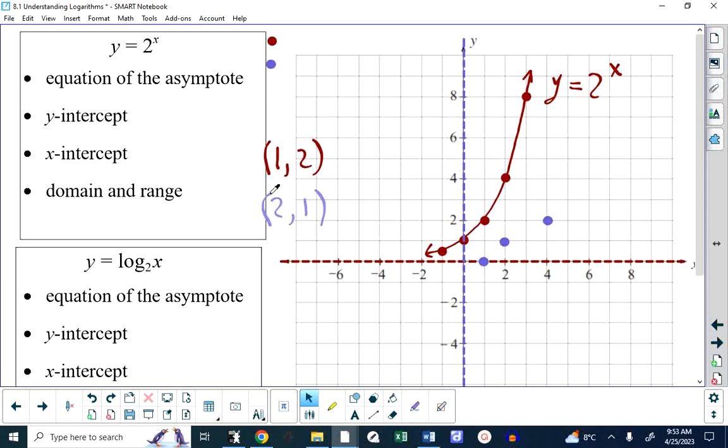And I think you can kind of see where this is going. It's doing the opposite of what it was doing. What was happening with the exponential is when x went up by 1, y was doubled. Now when y goes up by 1, x is doubled. Similarly, we'll get a point in here.